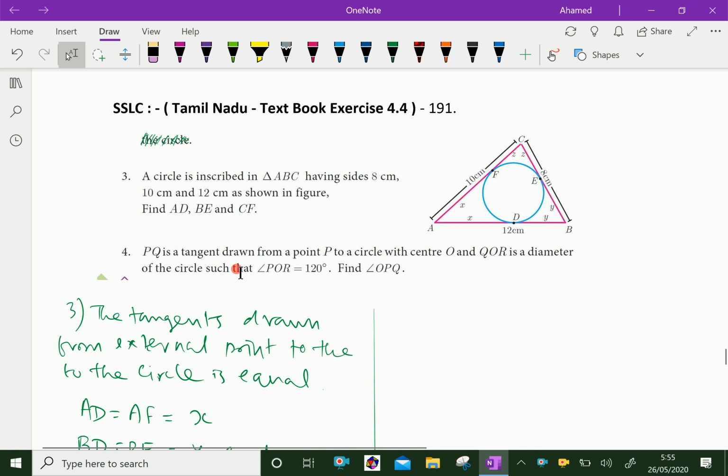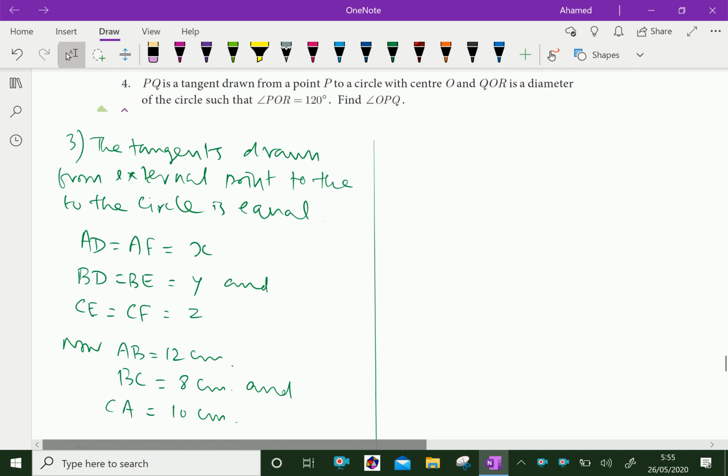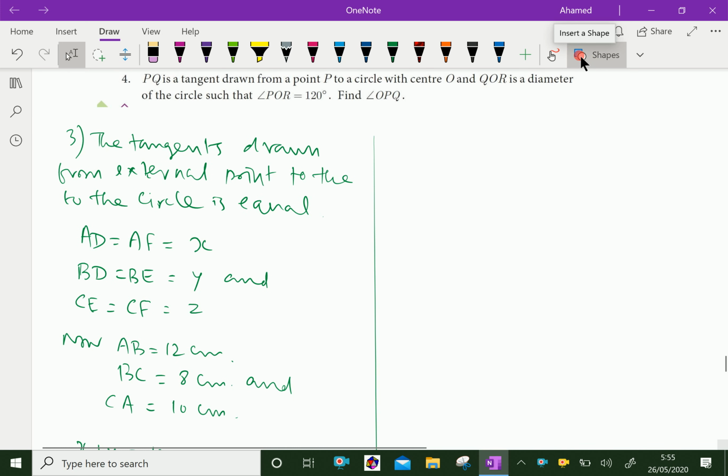If PQ is a tangent drawn from a point P to a circle with center O, and QOR is a diameter of the circle such that POR equals 120 degrees, find OPQ. Here, let us draw the figure for this. Here this is a circle. Now let's draw one tangent.